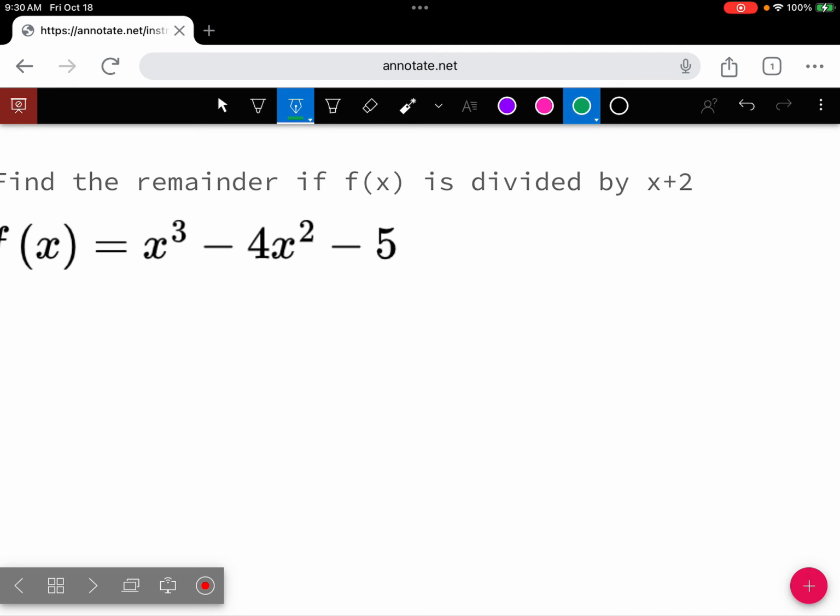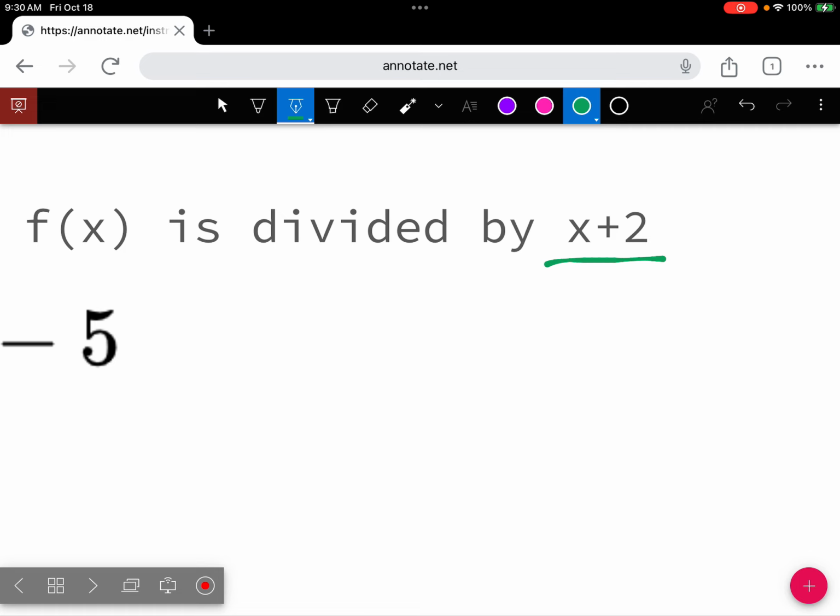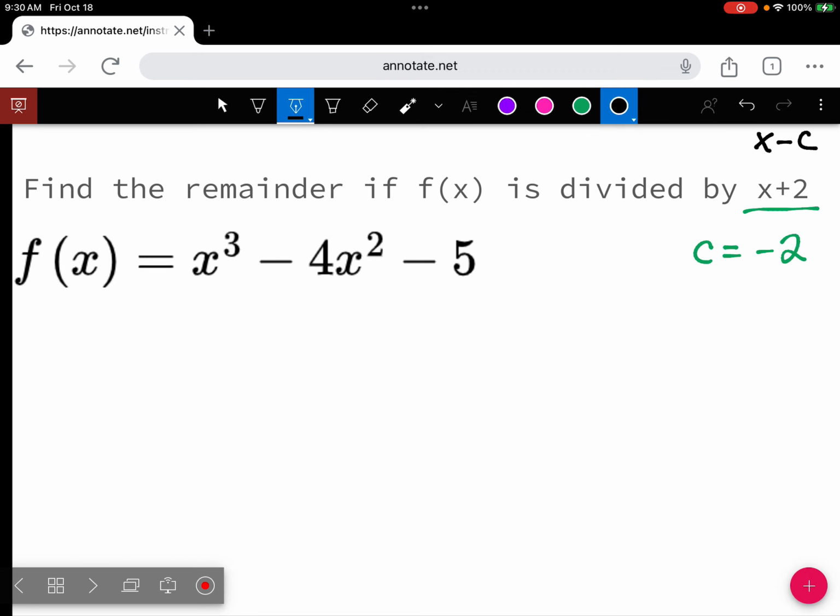So what is our c going to be? Negative 2. Because remember, this was x minus c. We use our root, not the factor. The root is negative 2. So when we set this up as synthetic division, we're going to use our negative 2 over here.